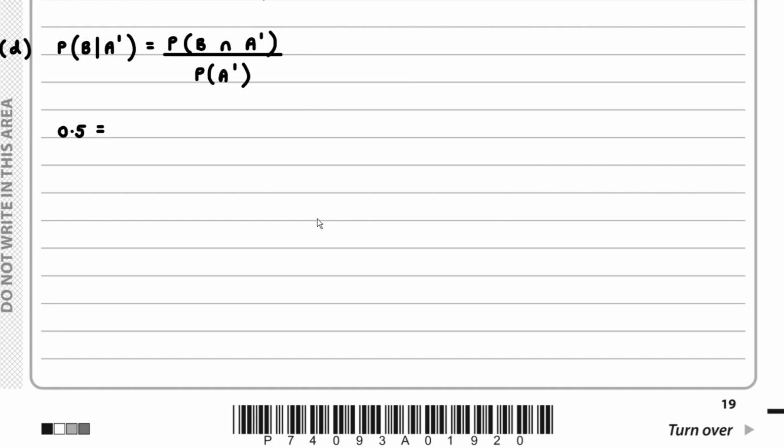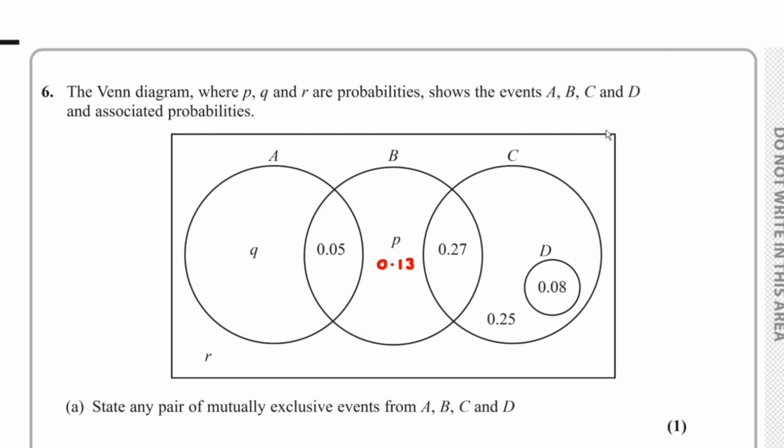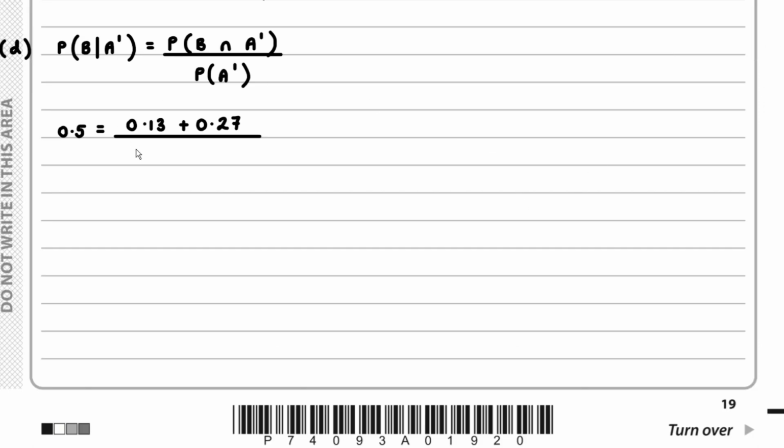So we have 0.5 equals 0.13 plus 0.27 over the probability of not A. Now, the probability of A is Q plus 0.05, so anything that doesn't include A is 1 subtract Q plus 0.05. So, we divide this by 1 subtract Q plus 0.05.